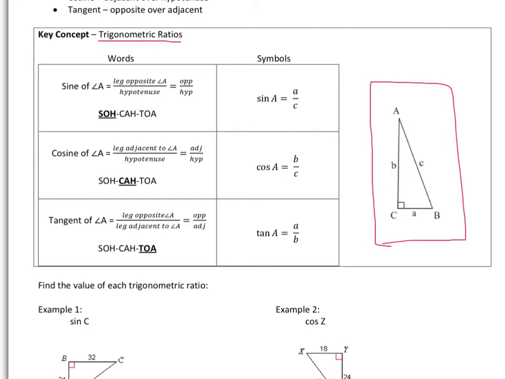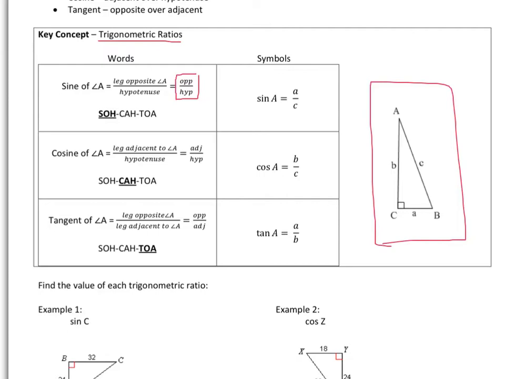Now, we have the phrase SOHCAHTOA, which tries to help you remember what sides go with each other. So SO refers to sine, and that ratio is, in shorter context here, opposite over hypotenuse, or OH. Now it says here that the leg opposite angle A, that's what opposite means.